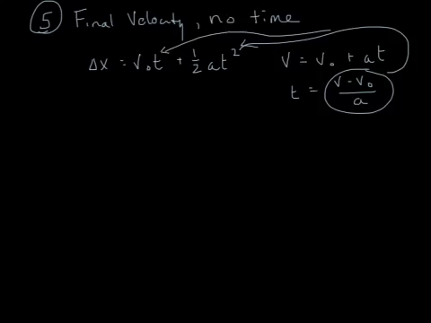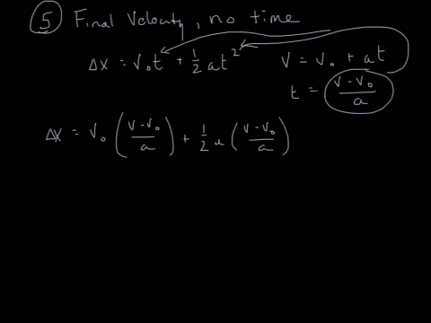So when I do that, I get that delta x equals v naught times (v minus v naught) over a, plus 1/2 a times (v minus v naught) over a times (v minus v naught) over a, since that t is squared. And so when I do that, the first thing I'm going to notice is that this a and one of these a's on bottom will cancel out.